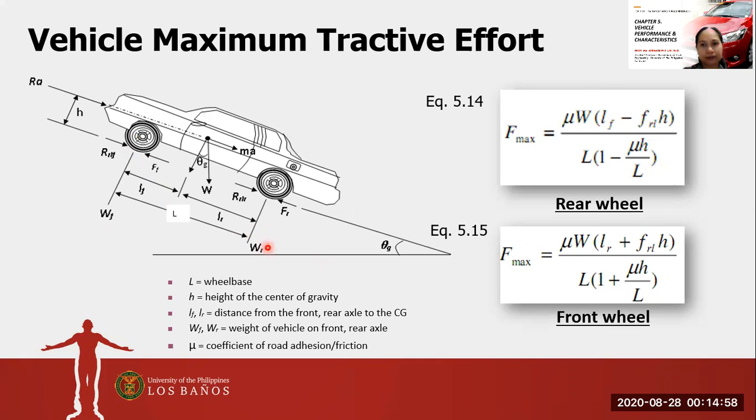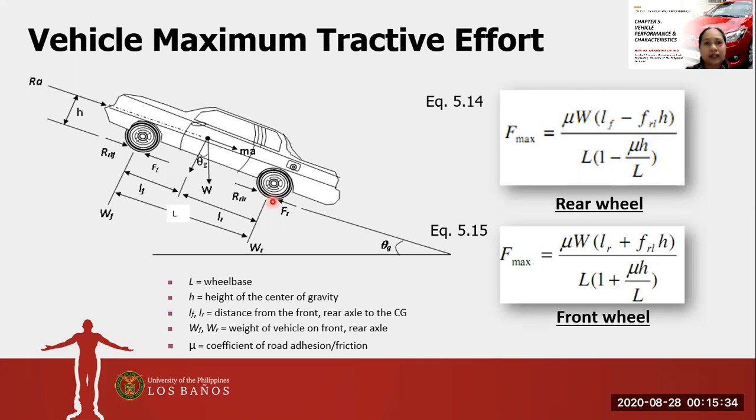So we will have the maximum tractive effort at the rear wheel is equal to mu times the weight of the vehicle times the distance from the front wheel minus the product of the friction times the height of the center of gravity, and then you divide by the wheelbase times 1 minus mu times h over L.